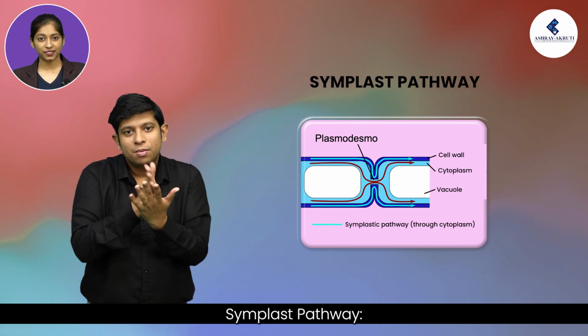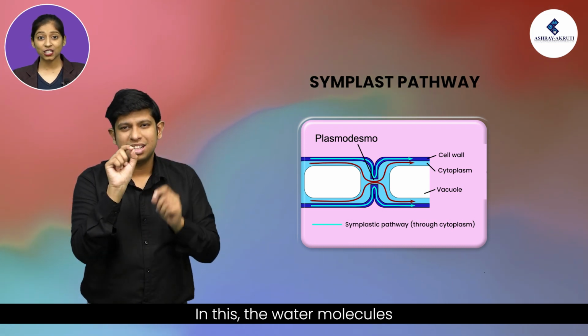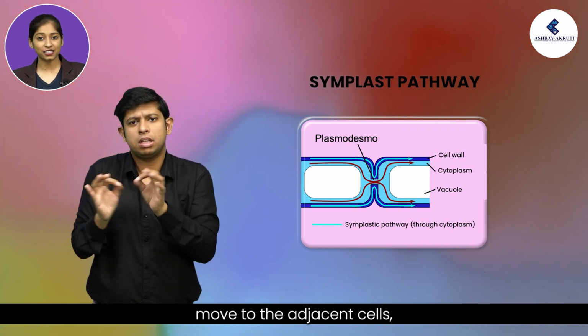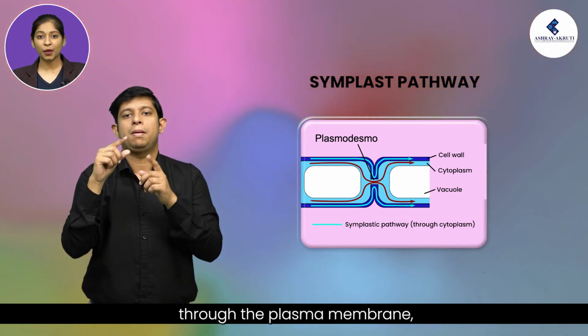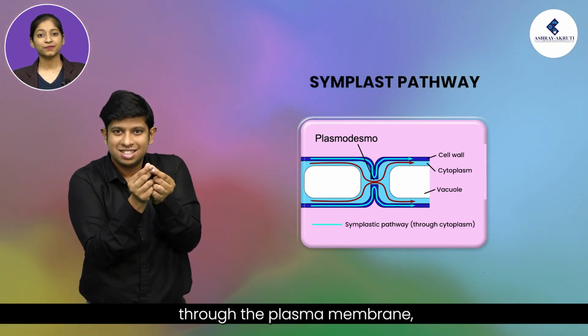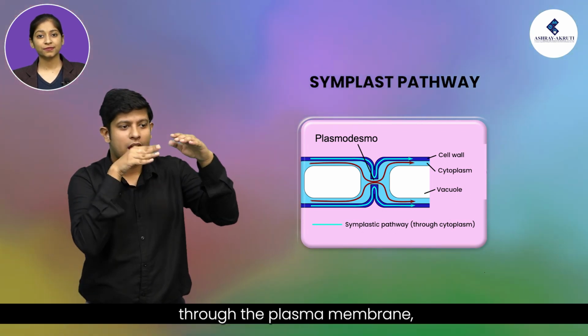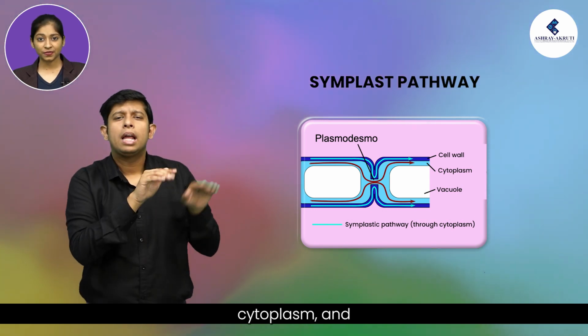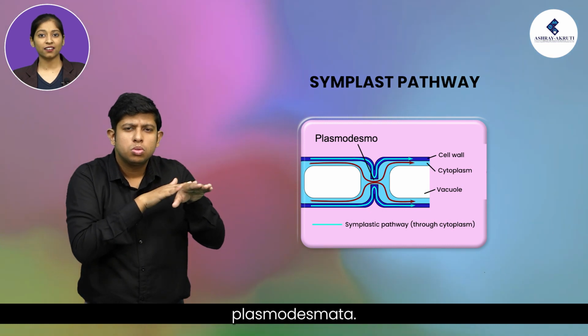Symplast pathway. In this, water molecules move to the adjacent cells through the plasma membrane, cytoplasm and plasmodesmata.